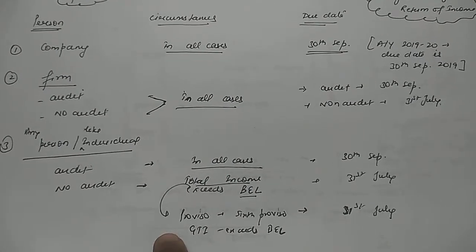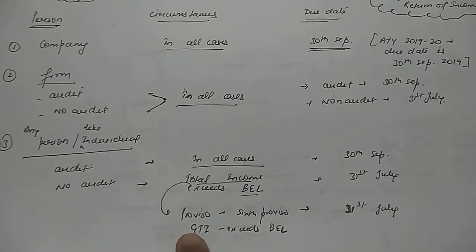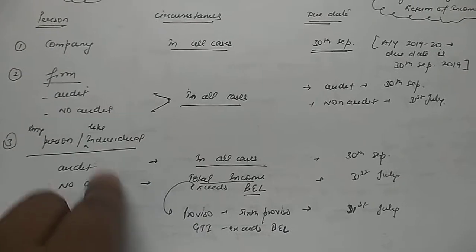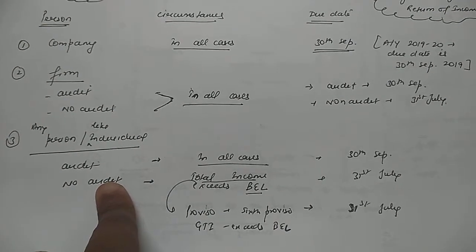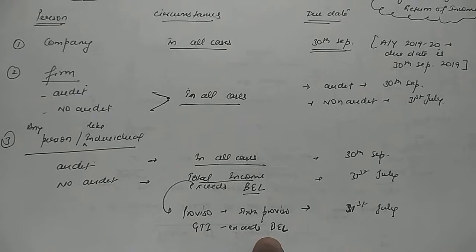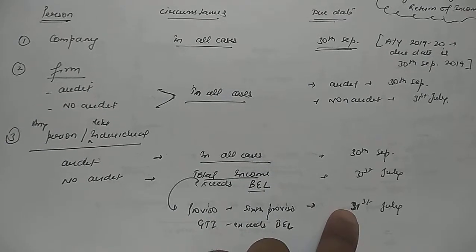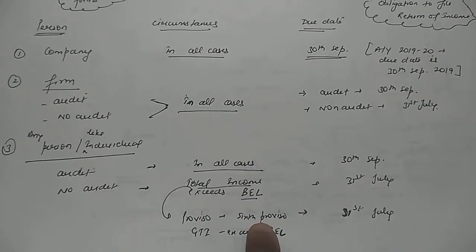So here I mean that in the case of an individual, we need to remember that if their GTI exceeds the basic exemption limit, then they need to submit the return of income as per the 6th proviso.